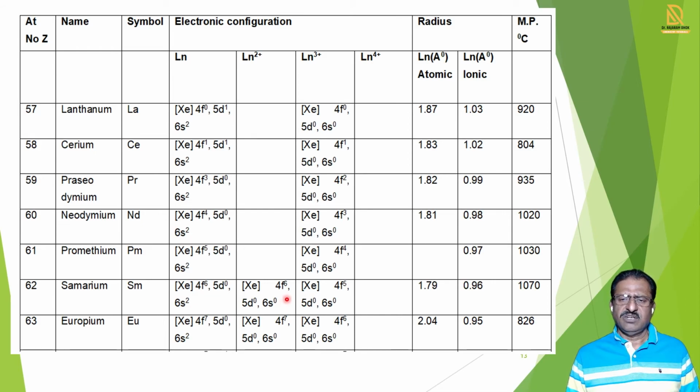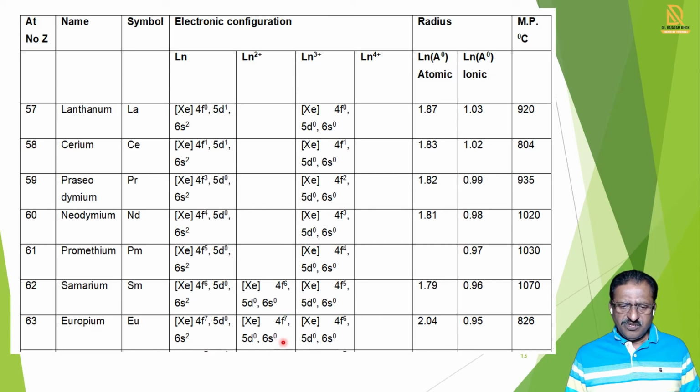With 6 electrons, it does not acquire half-filled stability, but it also shows the +2 oxidation state. That is observed, but we cannot explain why +2 is shown or what its stability is. Its stability is less than +3.